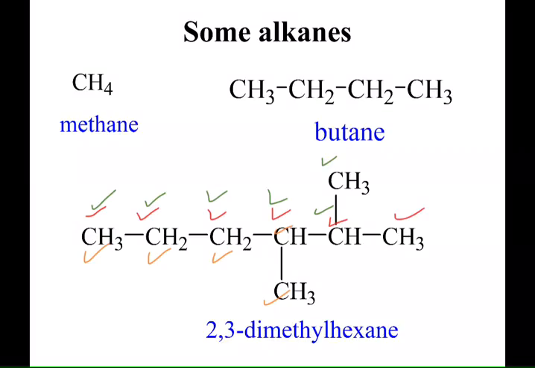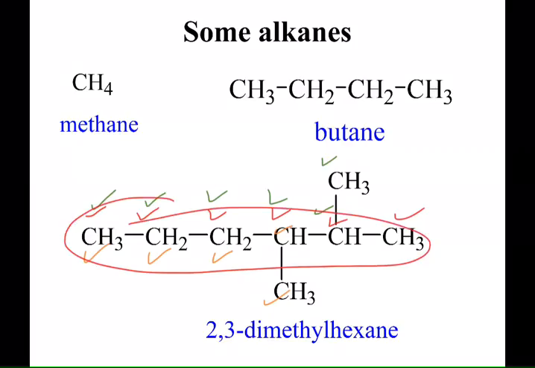They're all single bonds, so it's going to be an alkane. 6 is hex, so that's why we get hexane. And then we need to say, what else besides hexane do you have? I'll take this red and circle my hexane. Well, I've got a methyl group here and a methyl group there. Then what you do is start from the side where you get the lowest number.